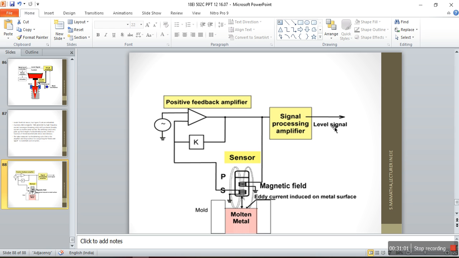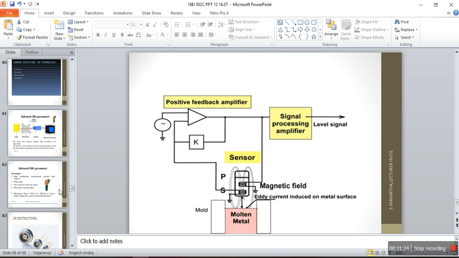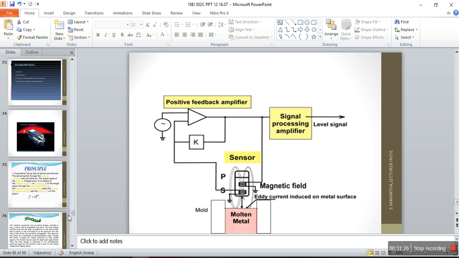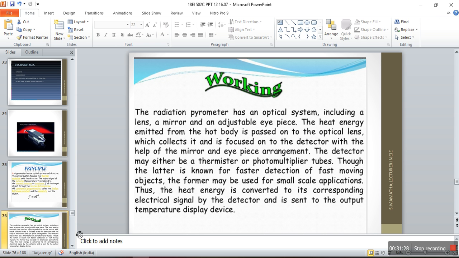This level controller will move the actuator or servo motor, and it will give a signal to the control valve, so that the input flow of molten steel can be increased or decreased. That is the eddy current level monitor. So this is about today's class.